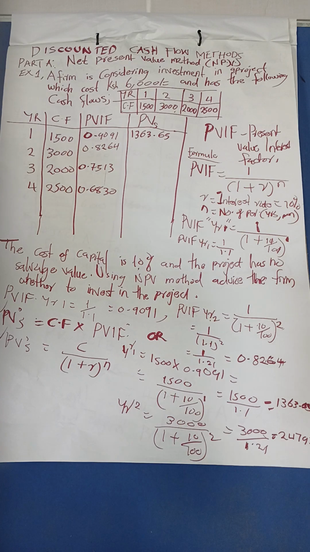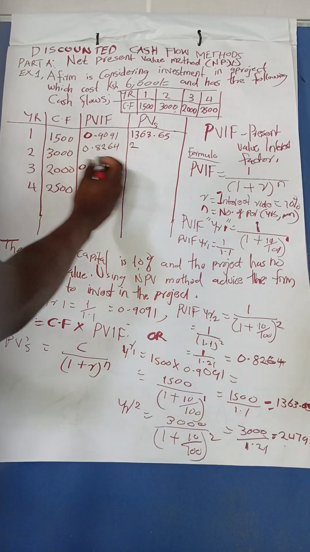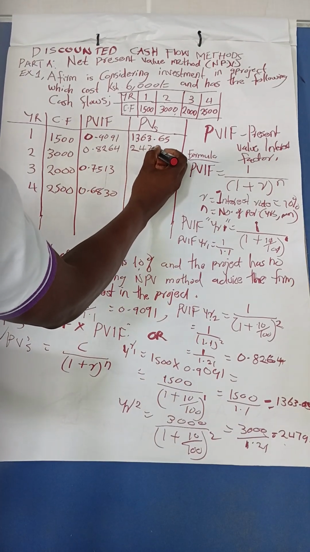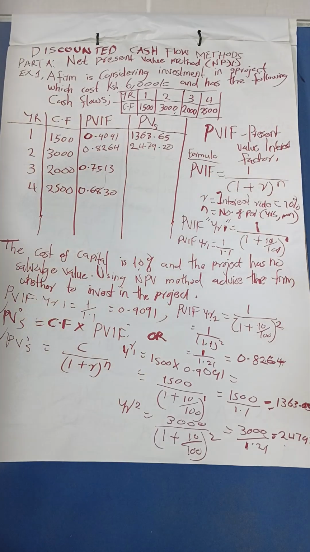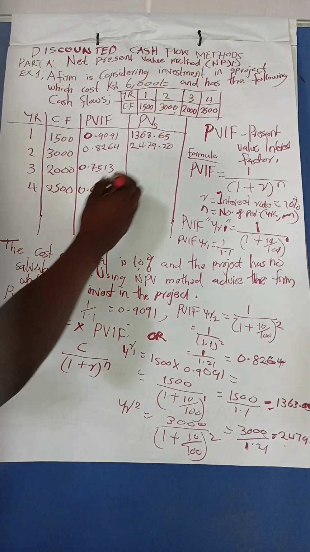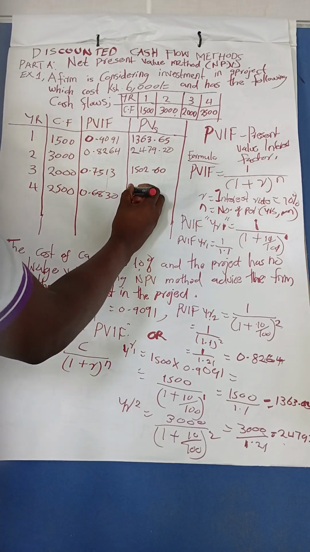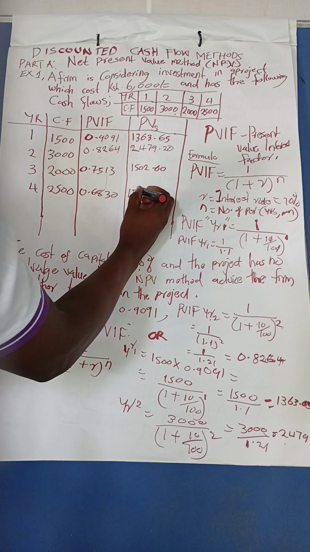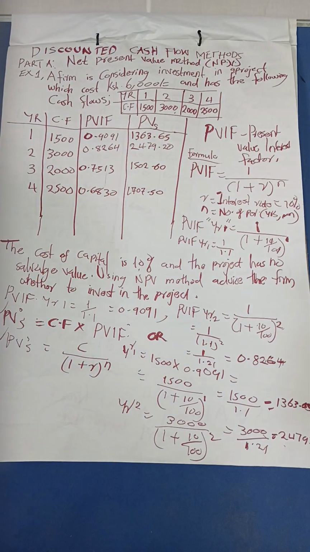I will have 2479, which is good. It is the same as this one. The next one we'll get 1502.60. Then the last one we'll have 1707.50. Good. So that is how we do that.